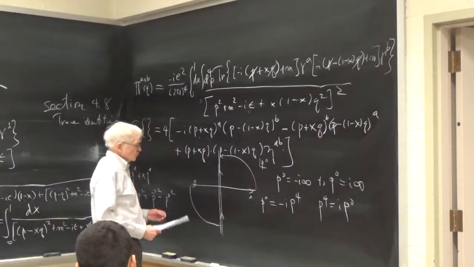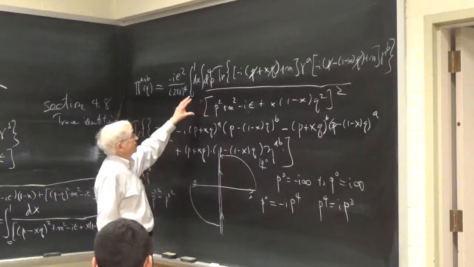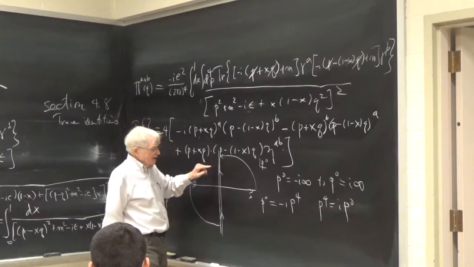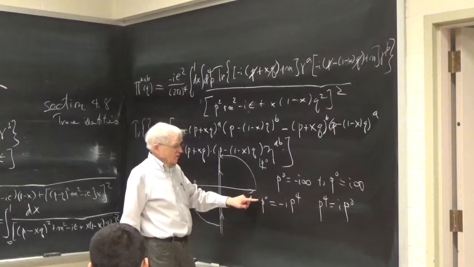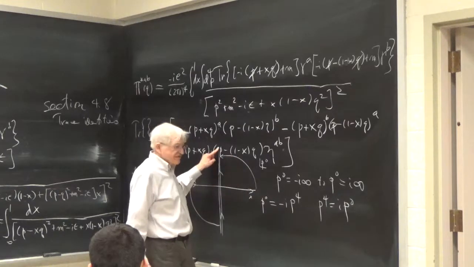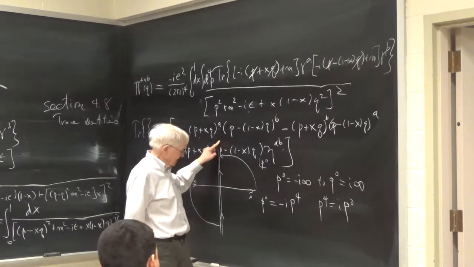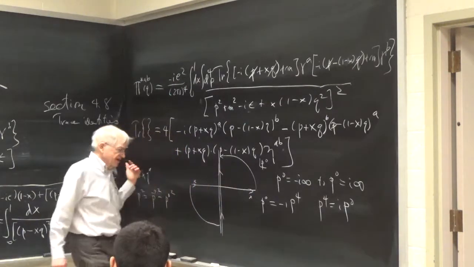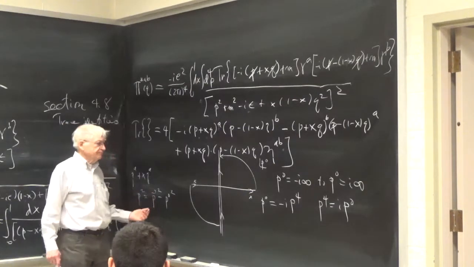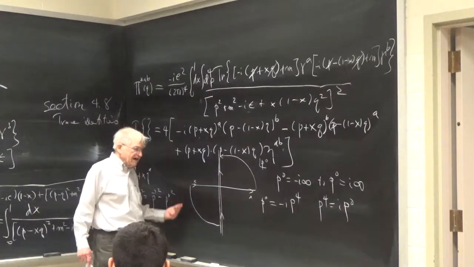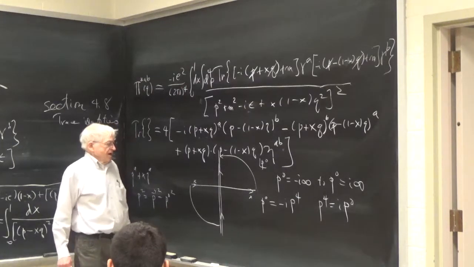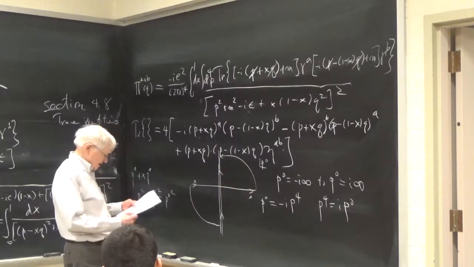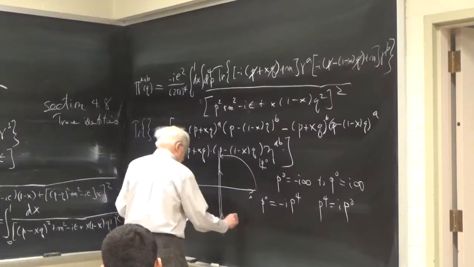So the new variable in the integration is going to be p4. When p0 is plus infinity, p4 is plus i infinity, and when p0 is minus infinity, p4 is minus i infinity. So this is a much nicer integration here, and we're going to have dp0.